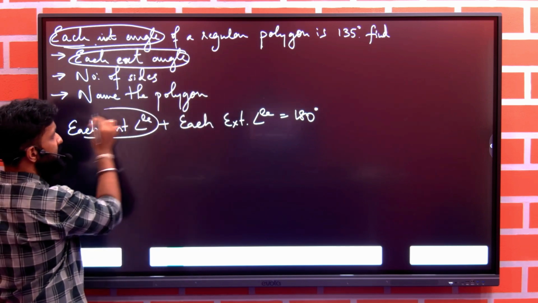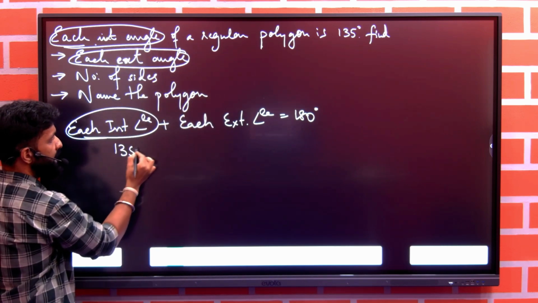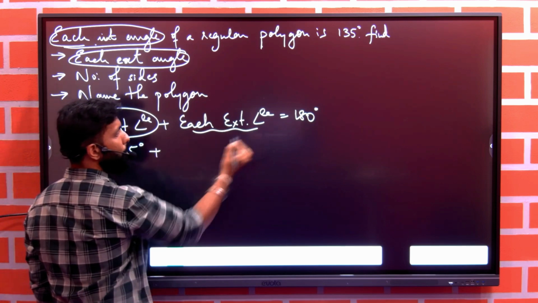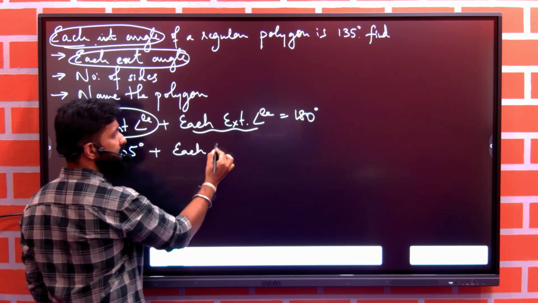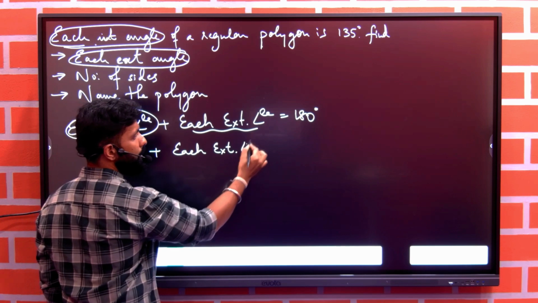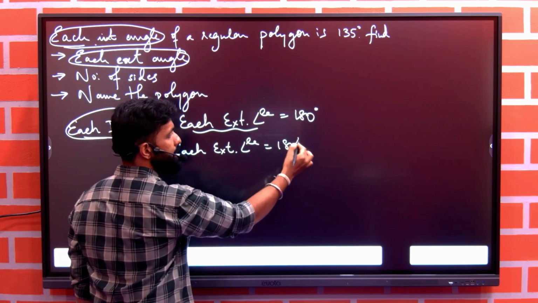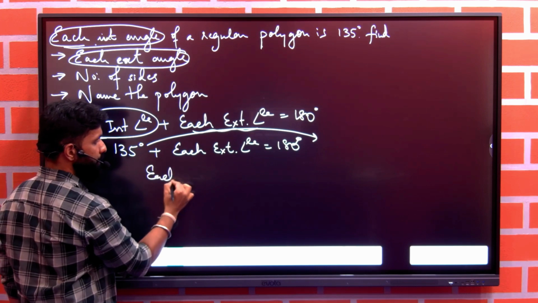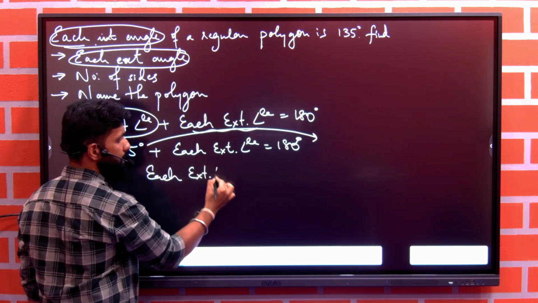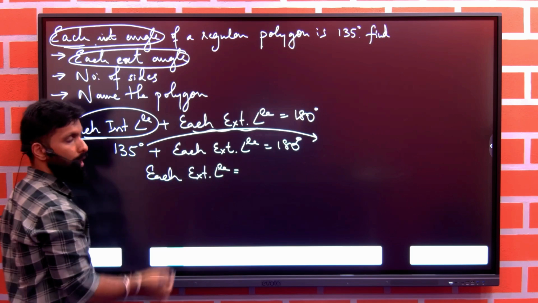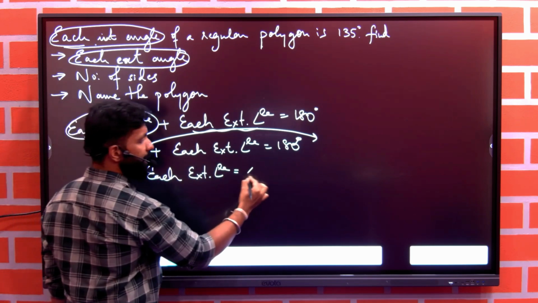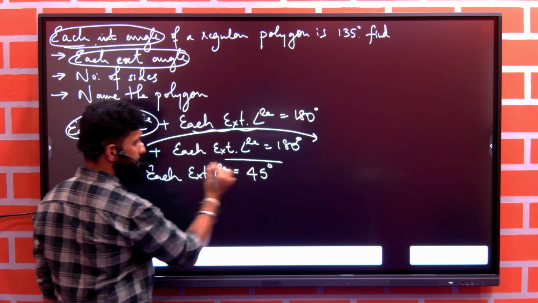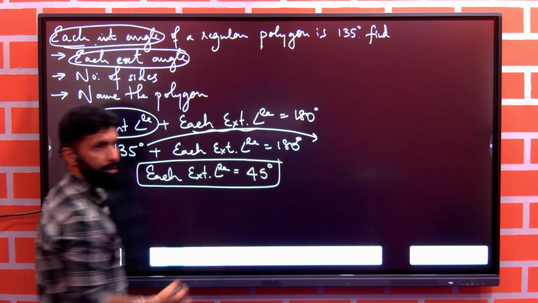So instead of this, I substitute 135 degrees. This I don't know. So each exterior angle I don't know is equal to 180 degrees, right? So shift this to the right. Each exterior angle is equal to 180 minus 135 is 45 degrees. And this is your final answer, right?